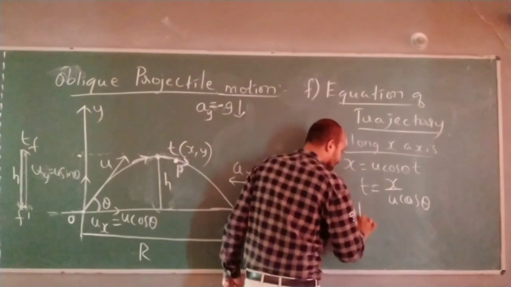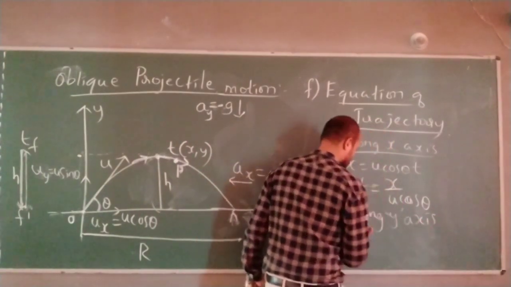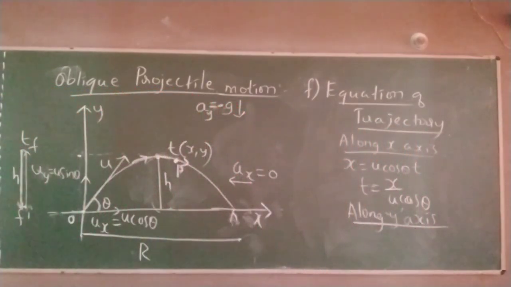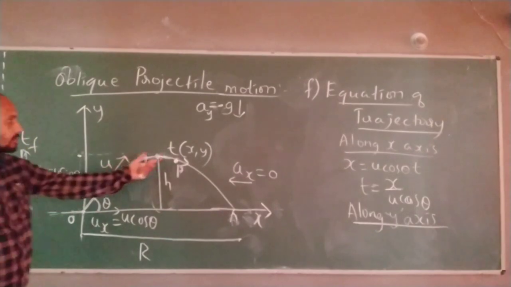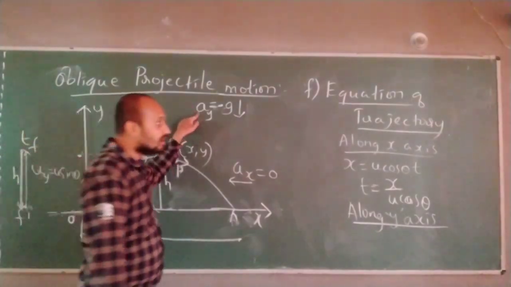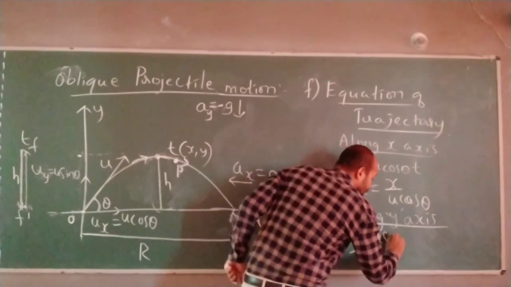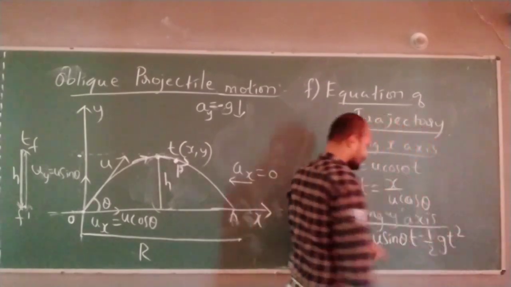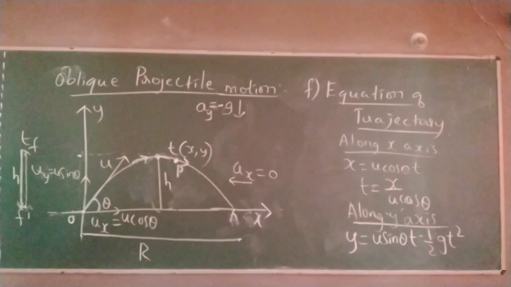If I talk about the y-axis, observe, acceleration is acting. When acceleration is acting, you can write y is equal to u sin theta t minus half g t square, from last class.